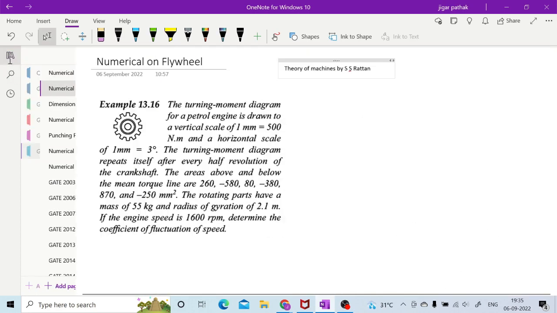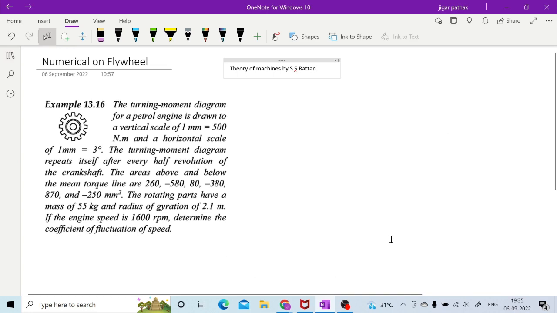So here let us read out the problem. The turning moment diagram for a petrol engine is drawn to a vertical scale of 1 mm equal to 500 Newton meter and a horizontal scale of 1 mm equal to 3 degree. The turning moment diagram repeats itself after every half revolution of the crankshaft.